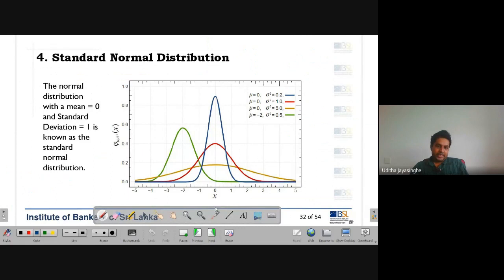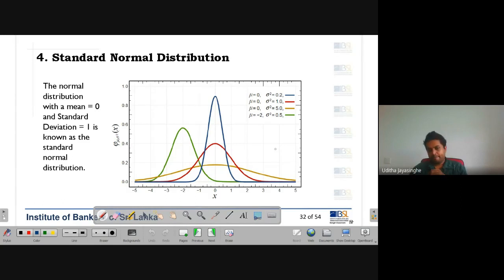How are we going to standardize? By giving values to the mean and the standard deviation. For example, take the classic shoe example of that company that is going to produce shoes. The mean size may be 7.01 with a standard deviation of, let's say, half a centimeter or 0.5 centimeter.